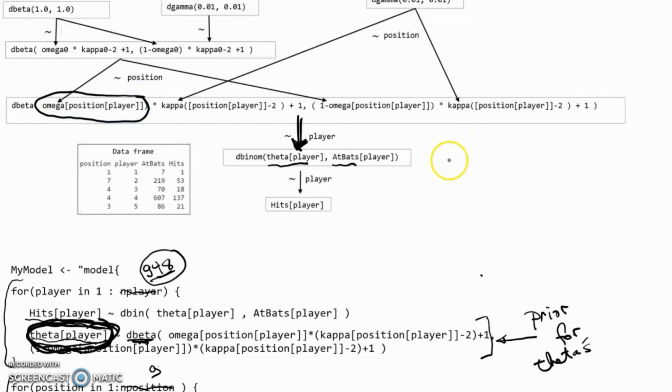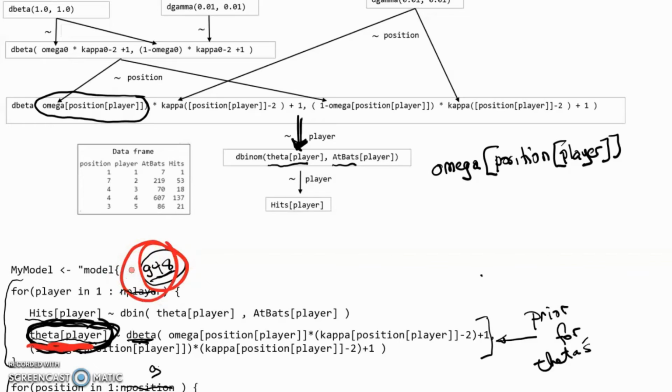If we think about what we've got here, omega position player, let's just look at that. Let's look at omega position player, and think of what happens as we loop through, because it sits in this loop, we loop through these 948 values of player.